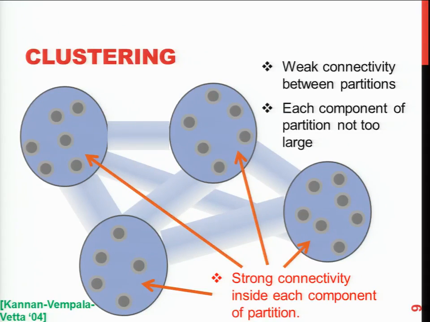Okay. So the clustering problem is somewhat different. I'll distinguish between partitioning and clustering. Partitioning is just making sure that the weight of the edges across the cuts is small, and the clustering problem also ensures that there is strong connectivity inside each component.